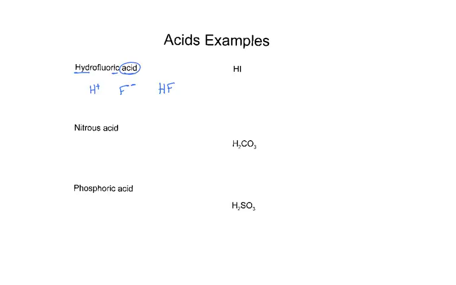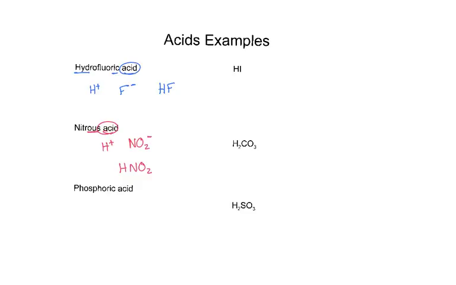Nitrous acid, we just did that one. "Ous" means that it started with "ite." So instead of nitrous, nitrite is what we start with, NO2 minus. It's an acid, so that means it has H pluses. So to make that neutral, you'd use one of each, so HNO2.